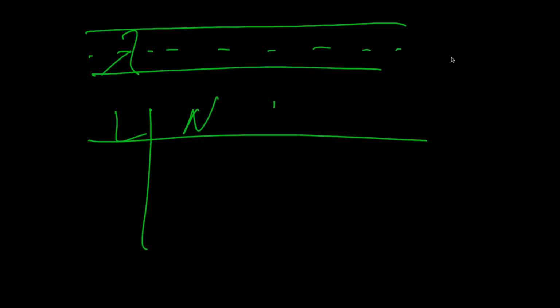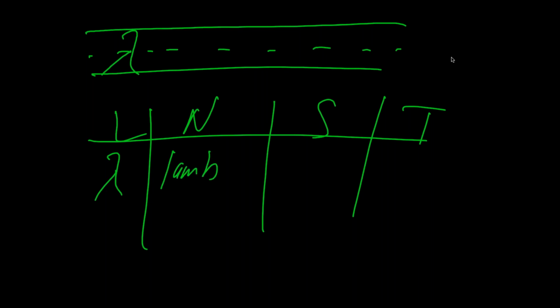Name. Sound. Transliteration. All right. So the letter lambda is spelled like that. And the sound is the L in law. And the transliteration is L. The way I do this is I learned Danilian handwriting.